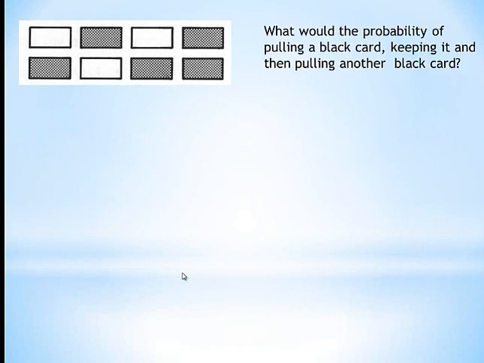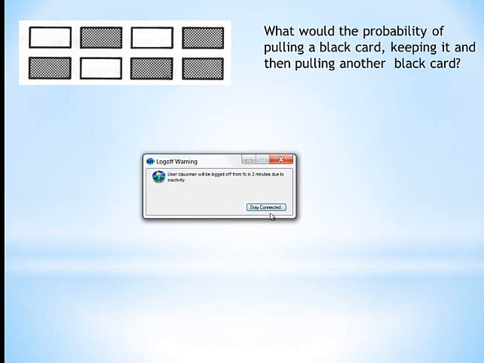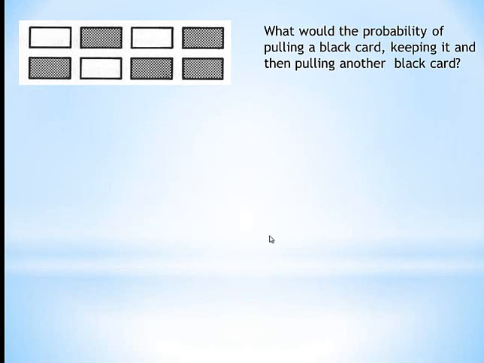Let's try another one. What would be the probability of pulling a black card, keeping it, and then pulling another black card? Go ahead and hit pause and try this on your own. Okay, so what is my probability of a black? 5 out of 8.